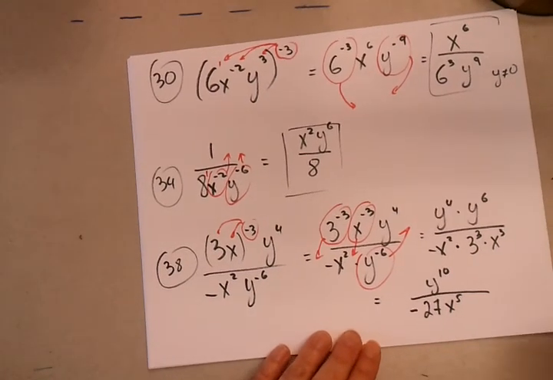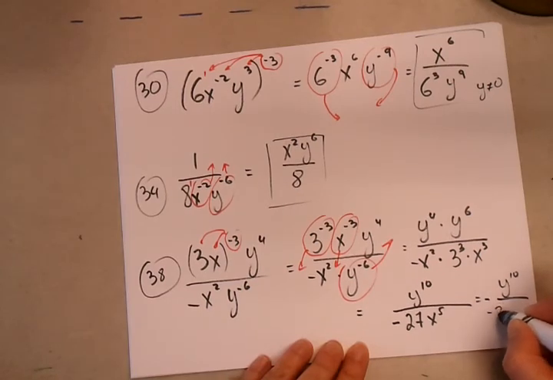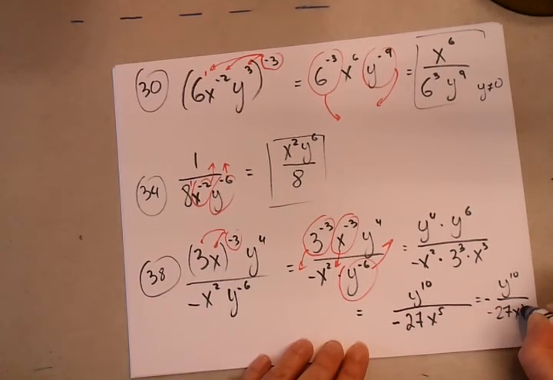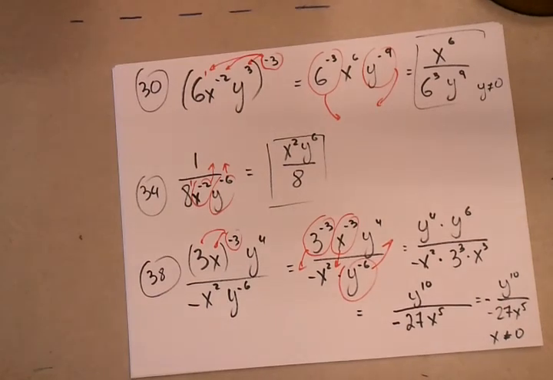And that's about it. The only thing you could do is migrate this negative to the middle, because that's how we typically like to write it. And right over here, x is not equal to 0, because the x is in the denominator and the variable you have to specify.